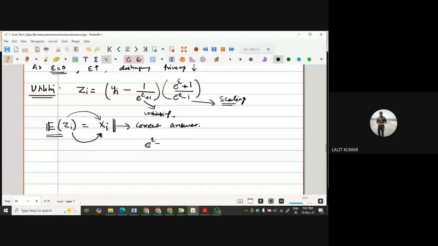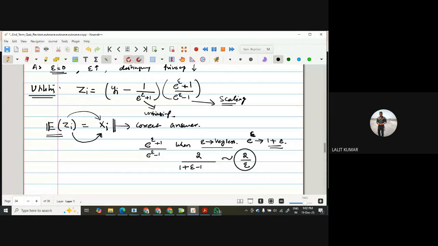When epsilon becomes very, very small, e to power epsilon becomes approximately 1 plus epsilon. So the numerator becomes 2, and the denominator, e to power epsilon minus 1, becomes epsilon, so this becomes 2 over epsilon.